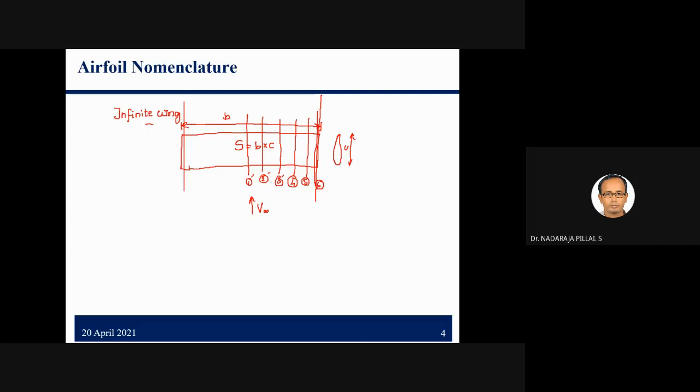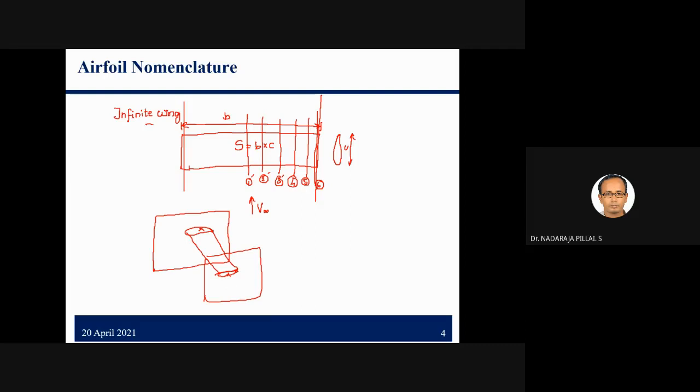To have more imagination, I will do one thing. I will draw the end plate. This is one end plate, and you have a 3-dimensional airfoil fixed, right? And you will be having another end plate here. This airfoil is fixed at both the ends.